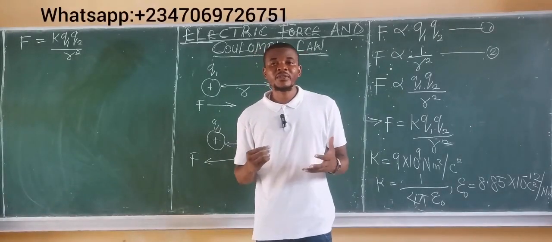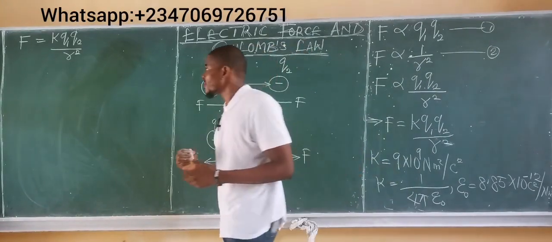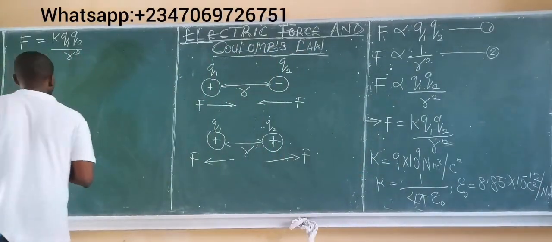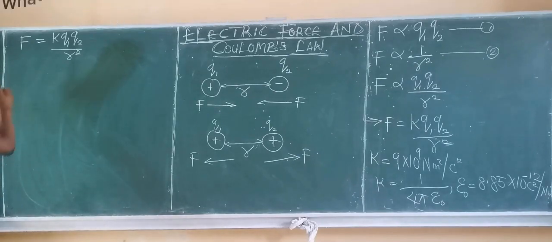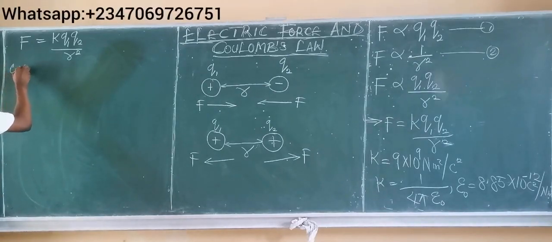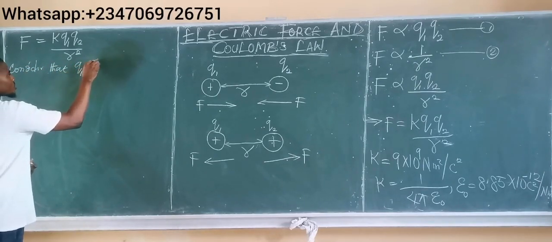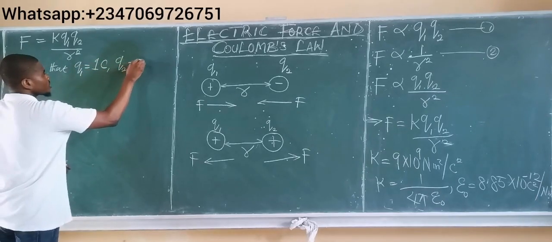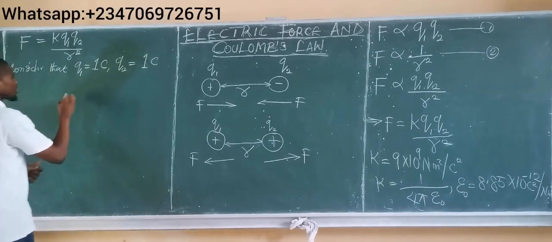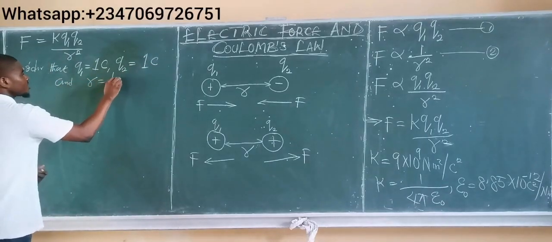Now, there are some important things we need to learn about Coulomb's force of attraction. We're given that force is equal to K Q1 Q2 all over R squared. Let's consider that Q1 is equal to 1 coulomb, Q2 is equal to 1 coulomb, and the distance of separation R is equal to 1 meter.